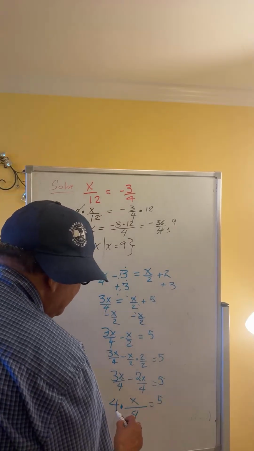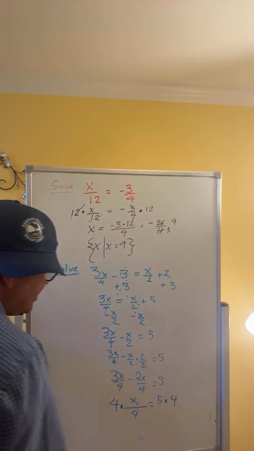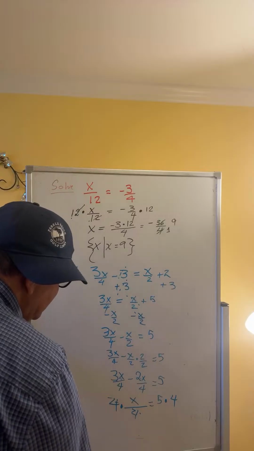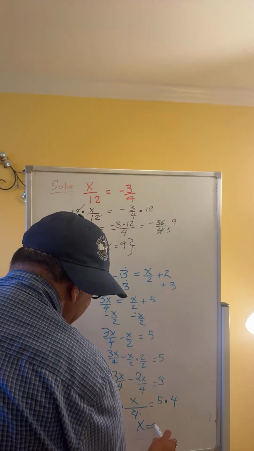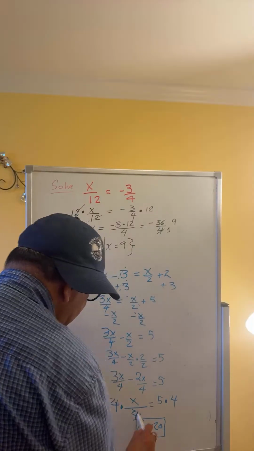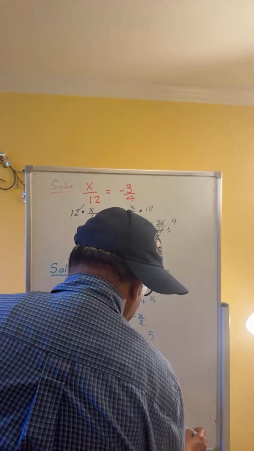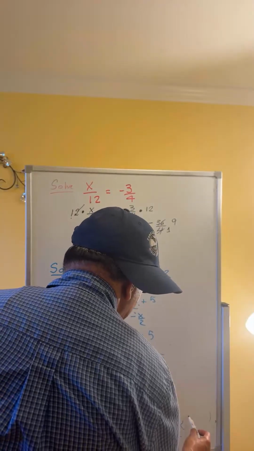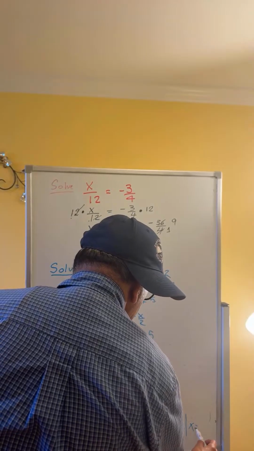So I multiply by 4 on the left hand side, I have to multiply by 4 on the right hand side. Now this 4 will cancel with this 4. So we will be left with x equal to 20. That is your solution, which can be written as x such that x is equal to 20.